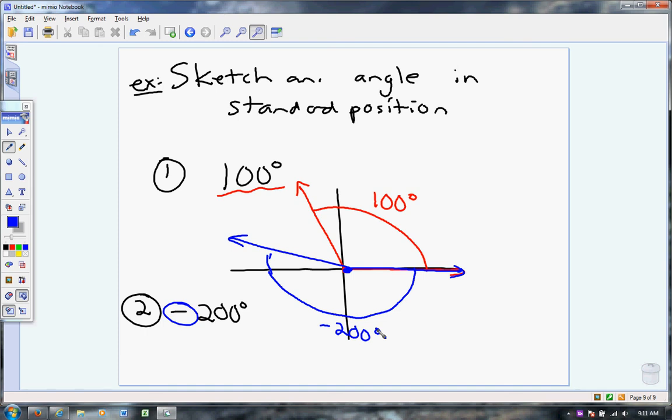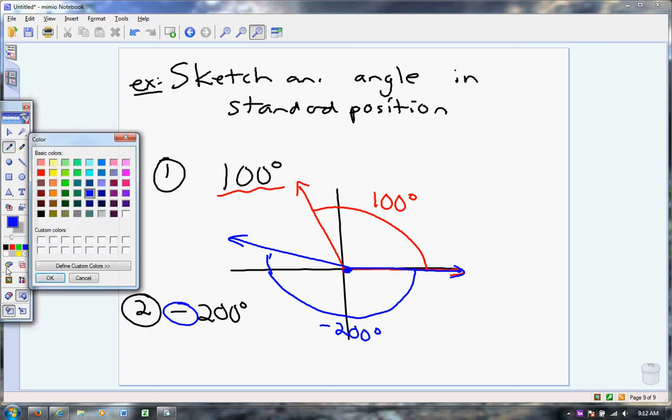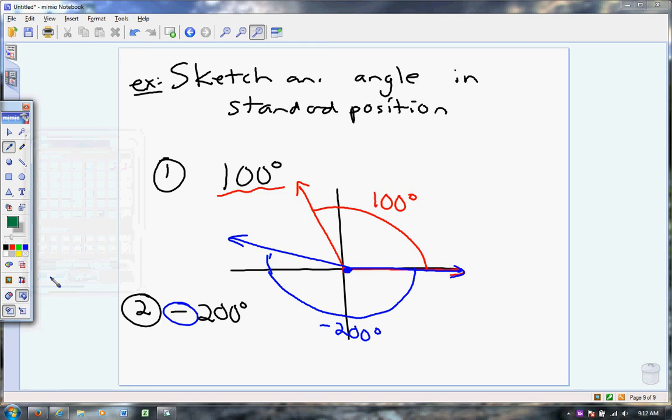Now, one other thing we didn't talk about is what if they ask you to do this, and then they say, which quadrant is the angle in? I don't know how much time you spent on quadrants last year, but it's real simple. When we talk about a quadrant, we're talking about one of the corners of the coordinate system.